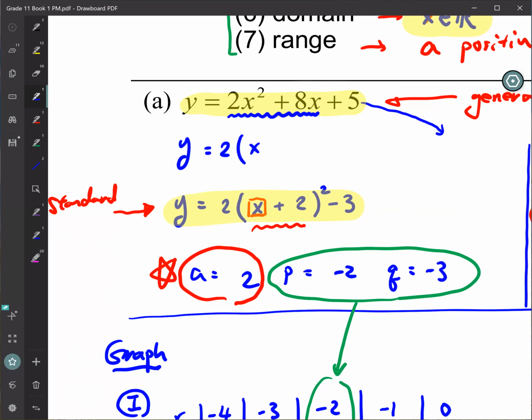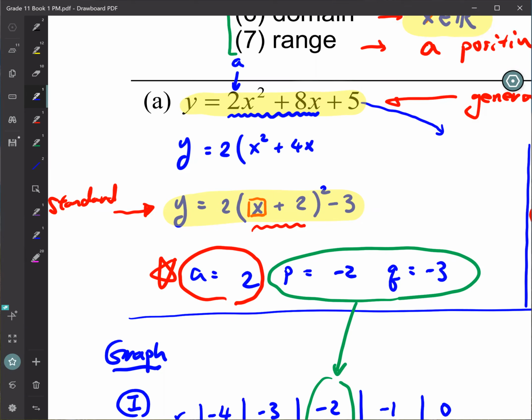The 2 is the front, the A, right? 2 is the A. So first step is you take out the 2, factor the 2. Divide by 2. Divide 2x squared by 2. So it would just be 1x squared, x squared. And then would it just be plus 4x? Yeah, plus 4x, okay? So this is step 1. You take out the 2, right?